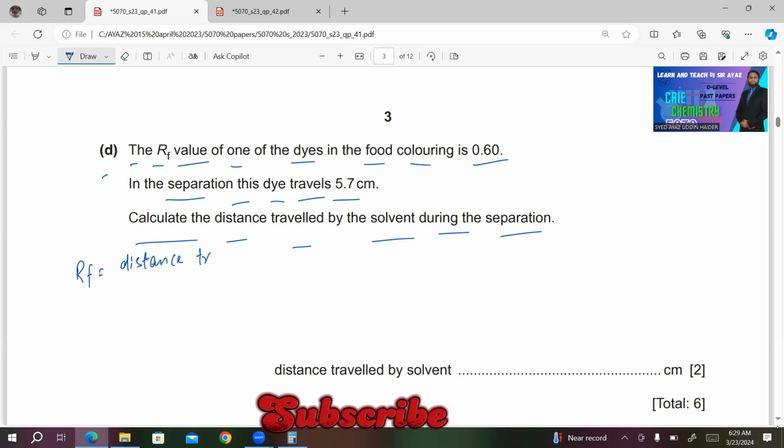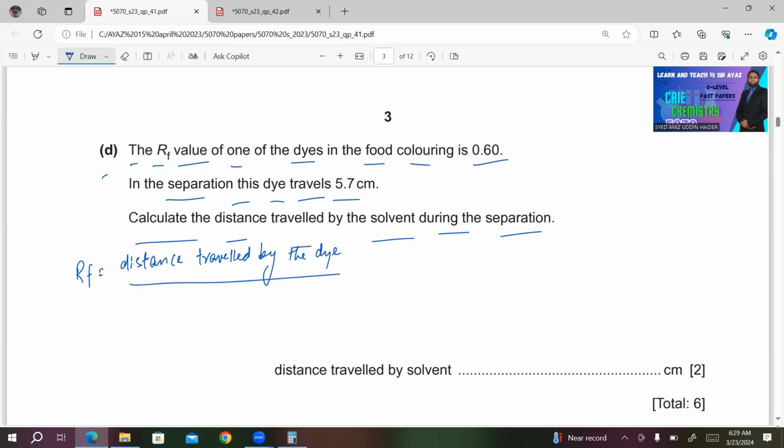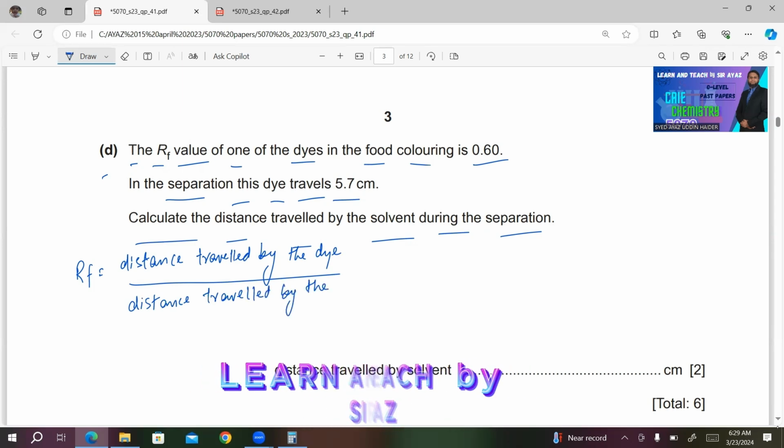RF is distance traveled by the solute, here in this case a dye, divided by distance traveled by the solvent.